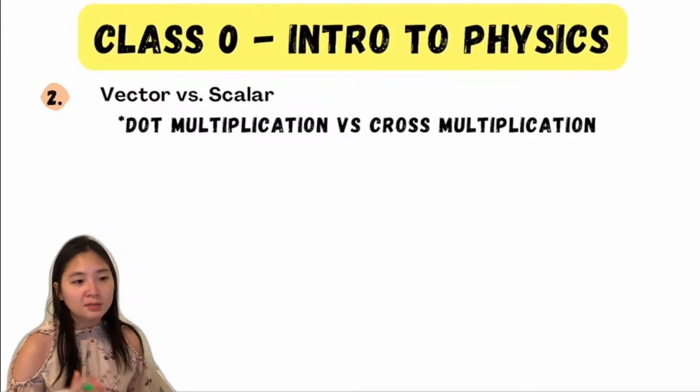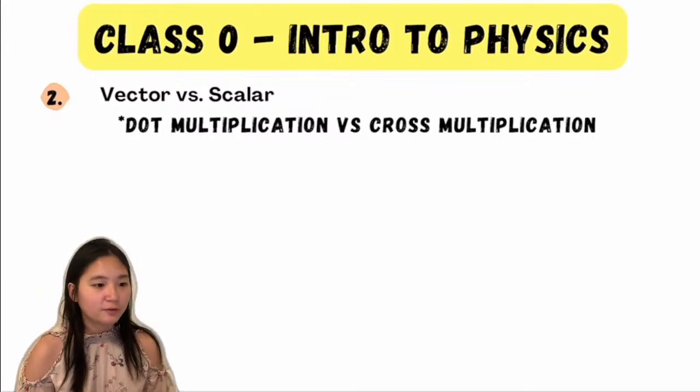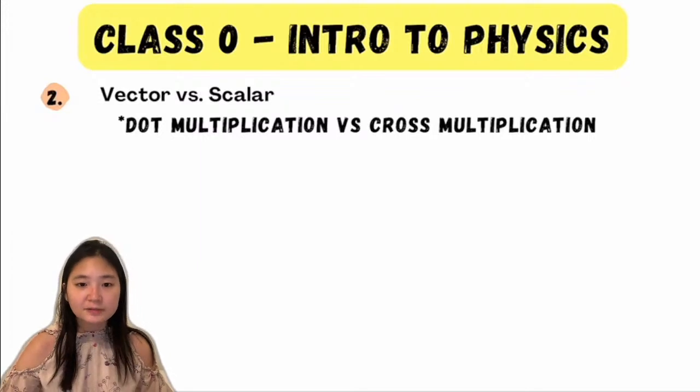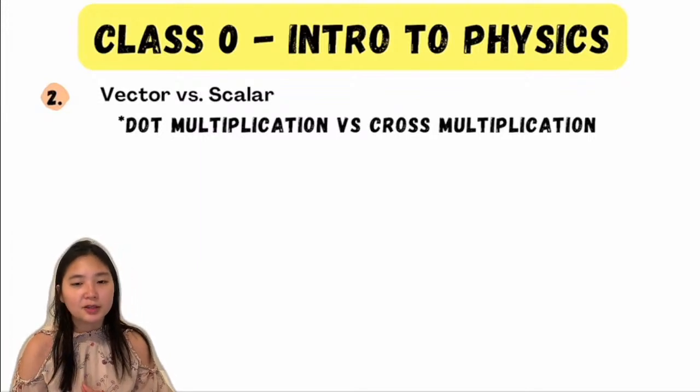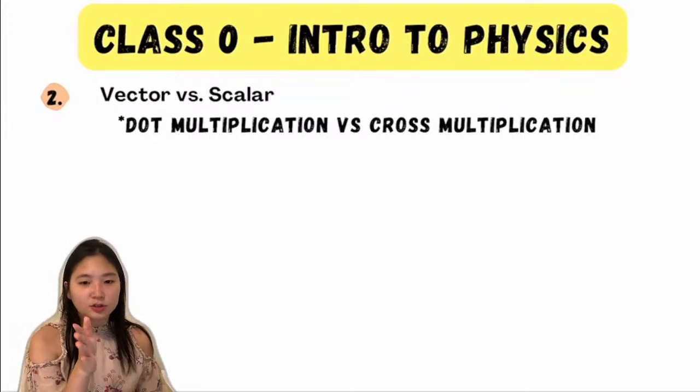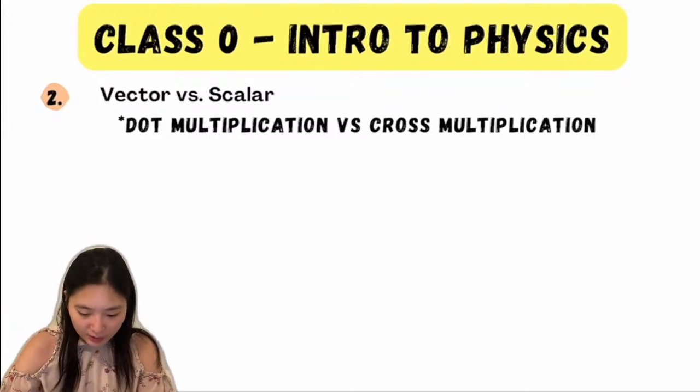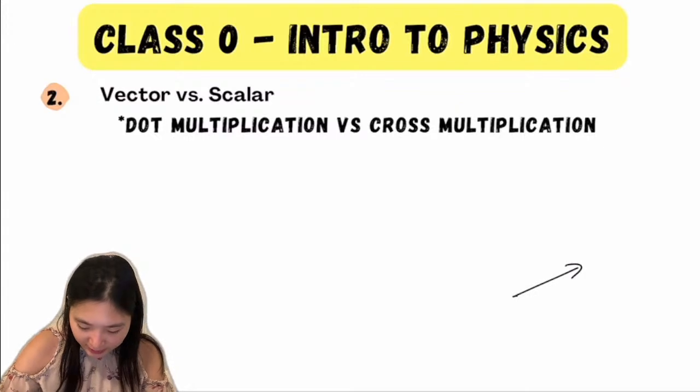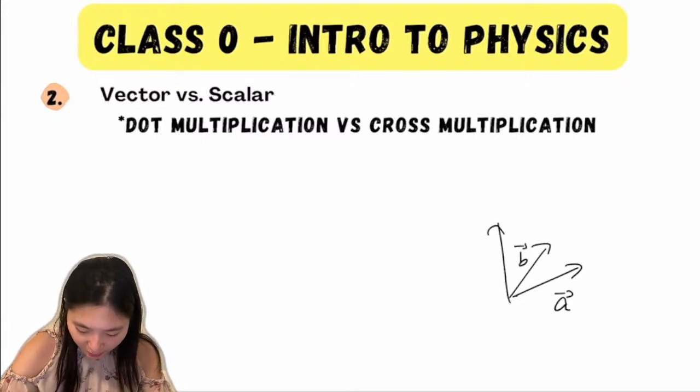Okay, so let me try to explain the cross multiplication first. As for the cross multiplication, I bet you have heard of the right hand rule. Let's say there are two vectors, A and B. This is where A is pointing, and this is where B is pointing. A lot of times this is where the A cross B vector is pointing.